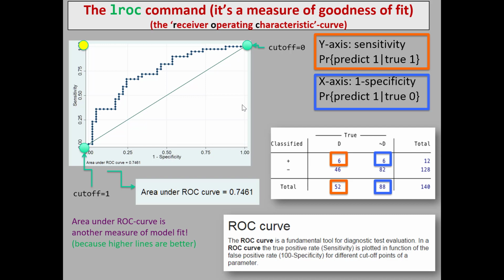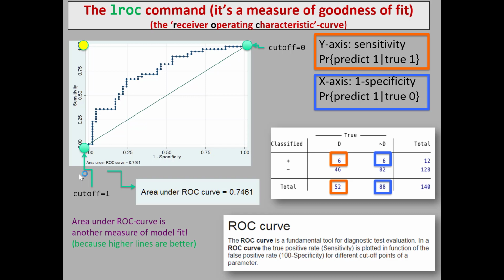Now let's see what happens with these two as we move the cutoff value from 1 down to 0. First let's start here. This is the point in the graph where the cutoff value is equal to 1. What does that mean? I am predicting a 1 as soon as my predicted probability is 1 or higher.